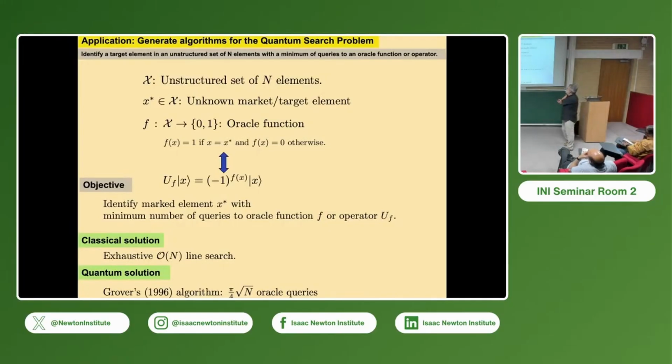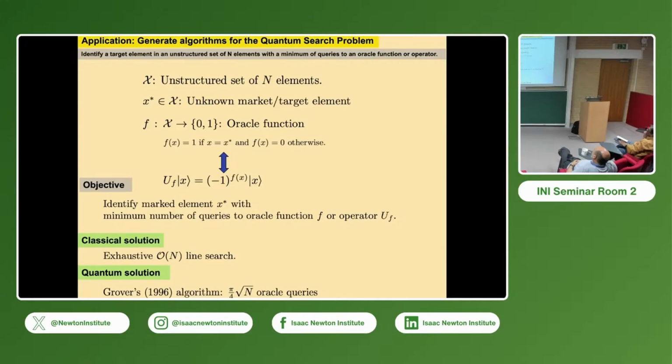Now, another example of application is to generate an algorithm for the quantum search problem. The quantum search problem is to identify a target element in an unstructured set of n elements with a minimum number of queries to an oracle function operator. So you have a set of n elements with no structure, and you have an oracle function that returns 1 if x is the right one, the marked state.